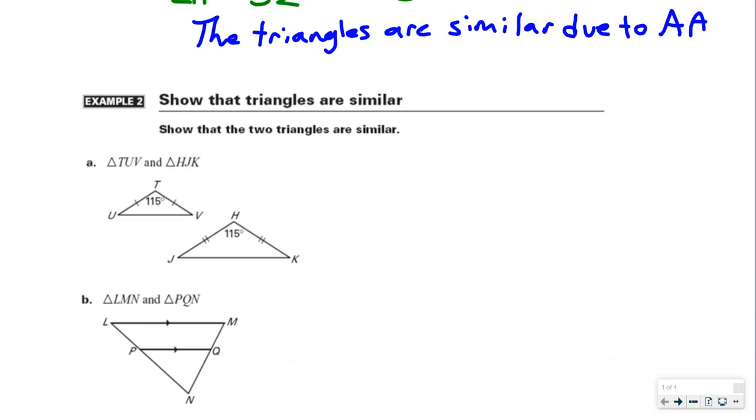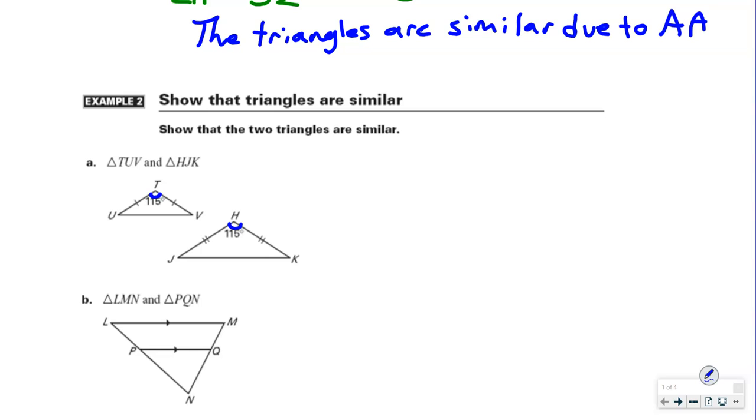All right, our second example, we want to show that the triangles are similar. We have our two triangles TUV and HJK. We can see that they both have 115 degree angles, so those two angles are congruent. And each of them has two of their sides marked as congruent, that is, TU is congruent with TV on the same triangle.